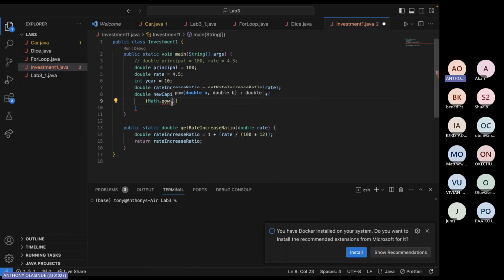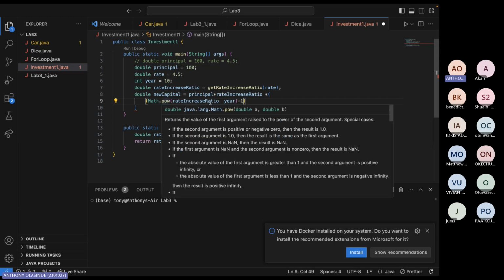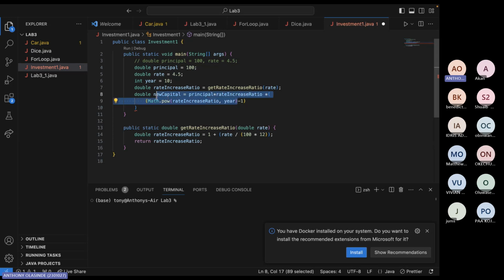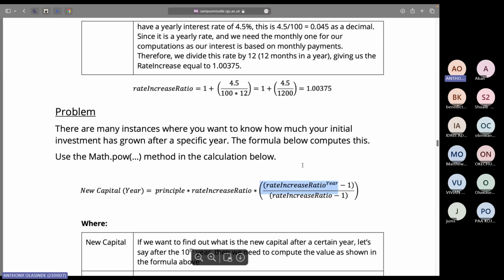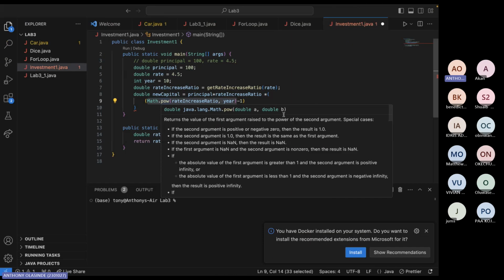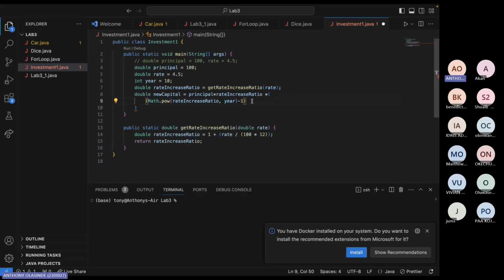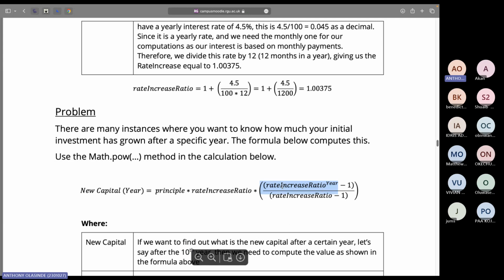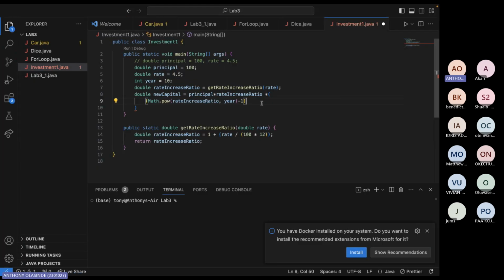So we supply rate increase ratio, then comma, you are not doing anything weird here, just comma, then year is going to do every other thing for you, then minus 1. This is just one single entity, everything like this is just this guy minus 1. I hope this makes sense. Then divide. You can just go to a new line to make things interesting.